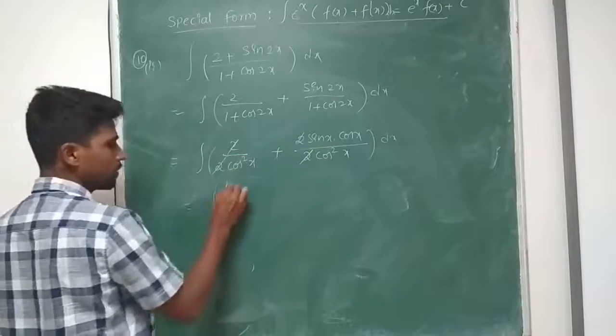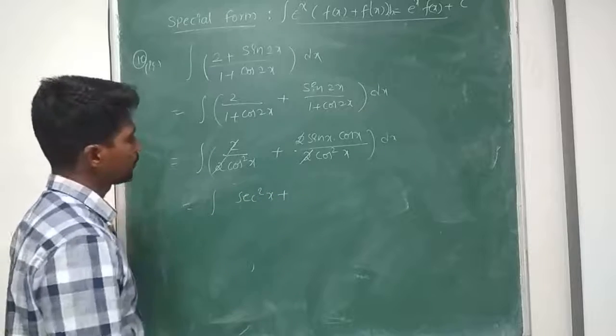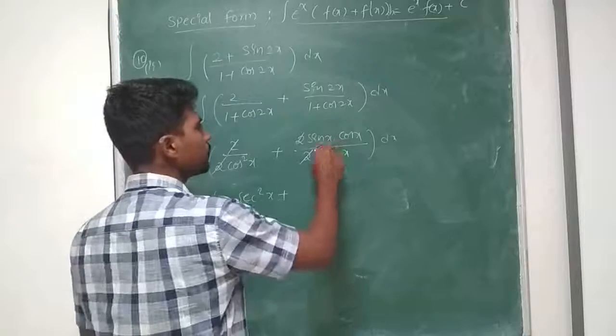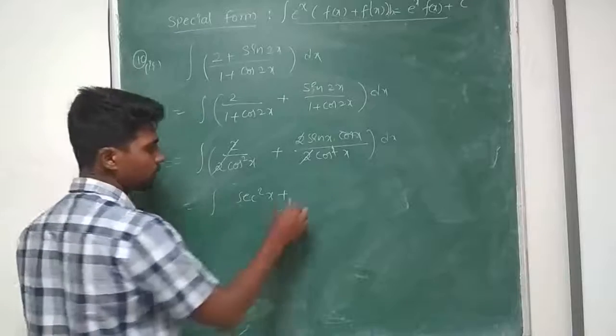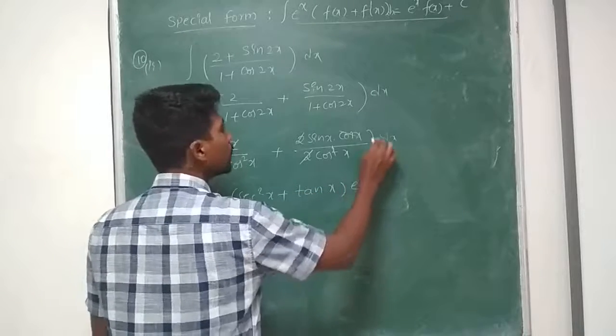I get the answer as secant square x plus, here cos gets cancelled, so I get sin x by cos x. This is nothing but tan x into e power x.